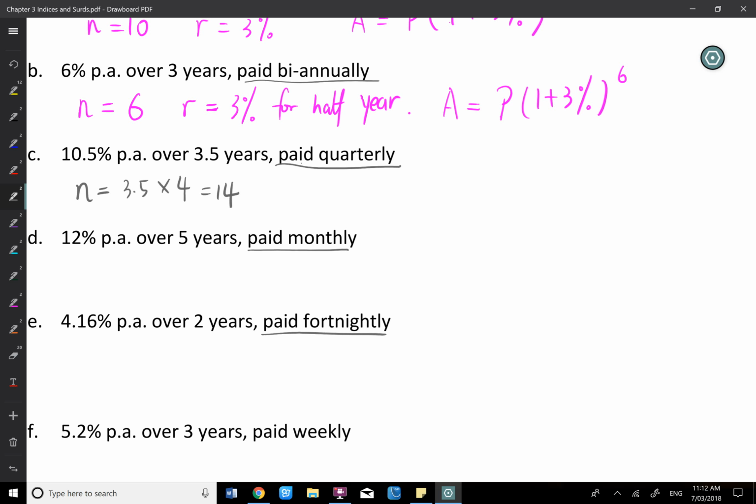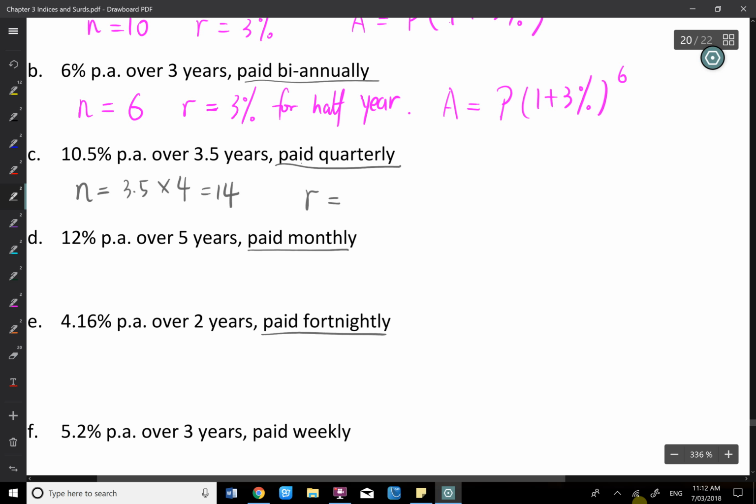What do you need to do? Give me the equation. You don't need to calculate. Divide by 4. That's right. I think that's 2.65.